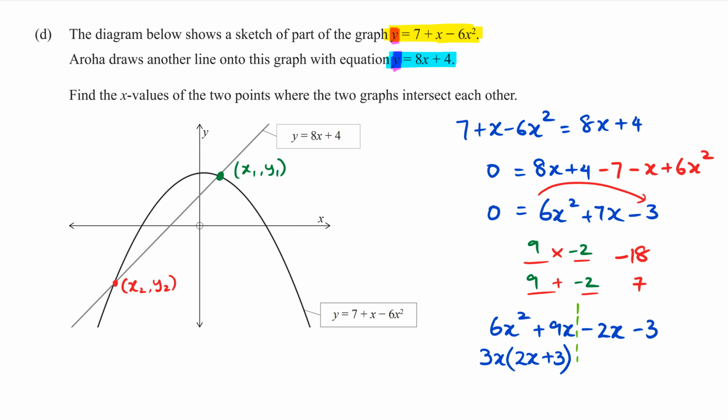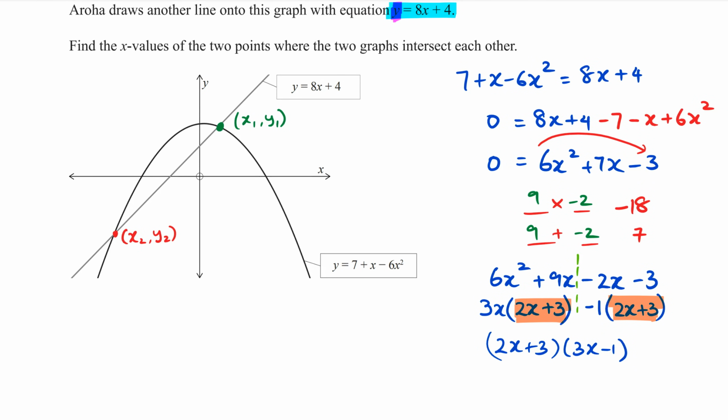And as for the right-hand side, I can take out negative 1 as a common factor, which means I'm going to get that same bracket that I did in the first scenario, which was 2x plus 3. And now, because both of these are common factors, I can take that out and I get 2x plus 3 multiplied by 3x minus 1. So just to reiterate, the 3x is from there and the minus 1 is from there. And of course, remember that this is all equal to 0.